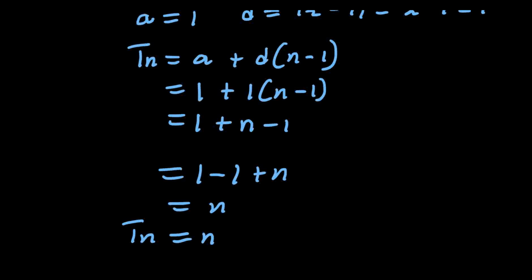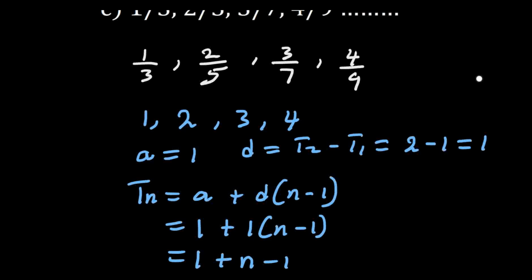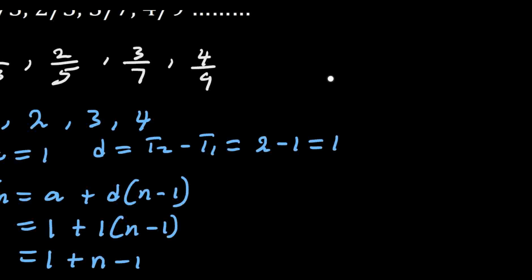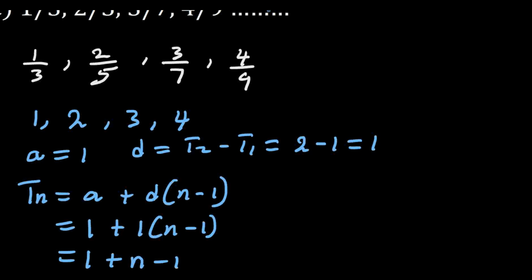Also, we are going to find the nth term for the denominator. So now let's go back and find the nth term for the denominator. So the sequence is 3, 5, 7, and 9.